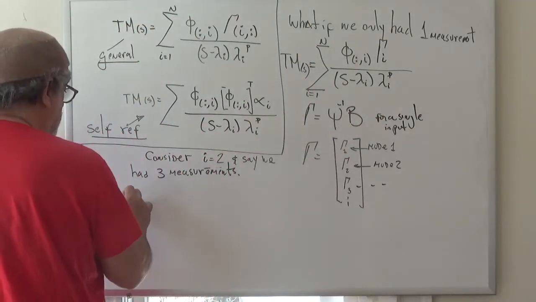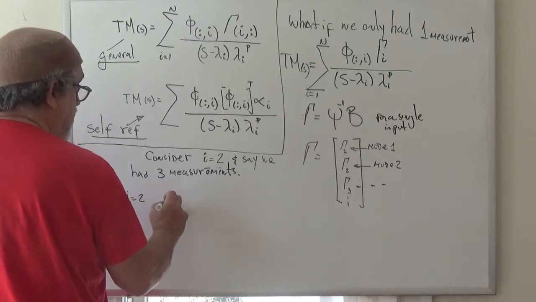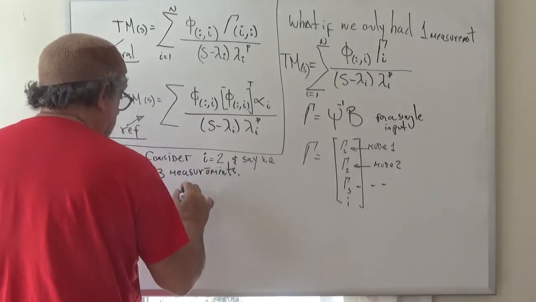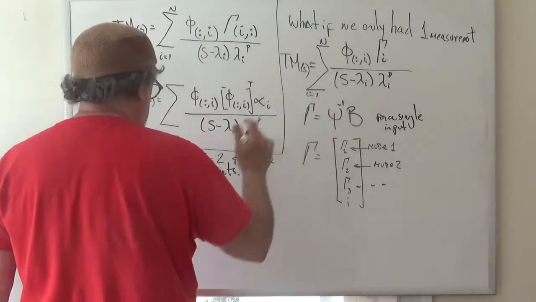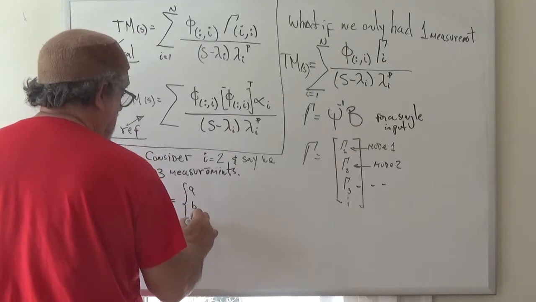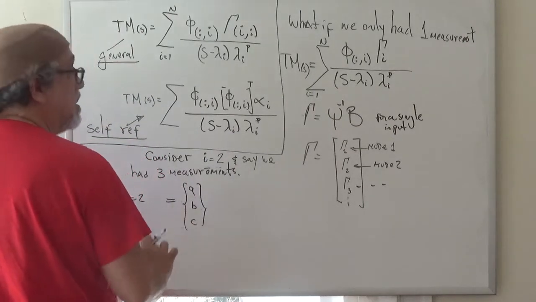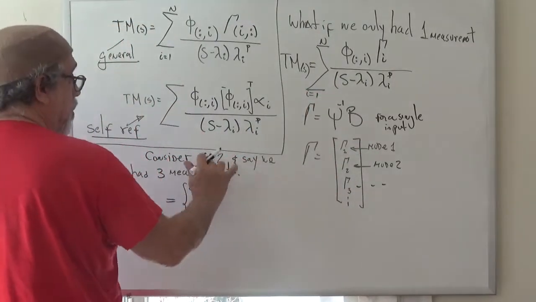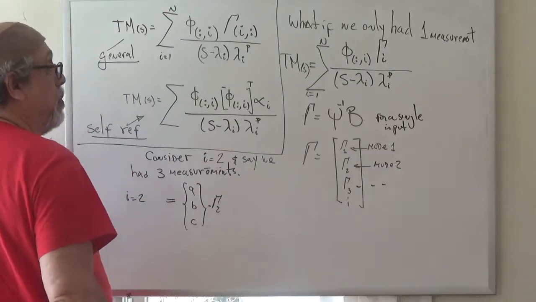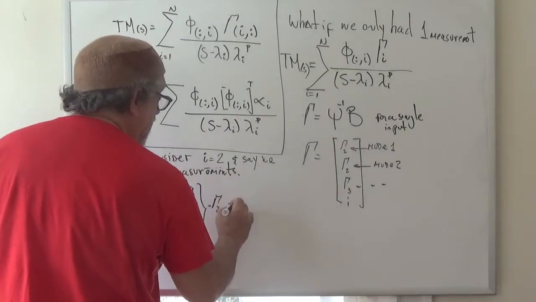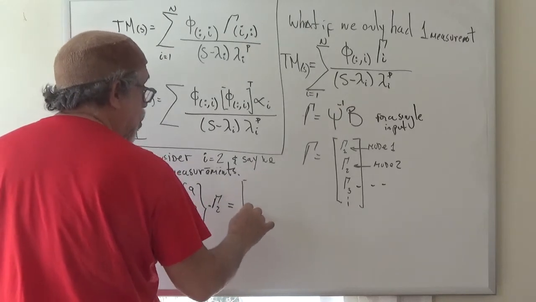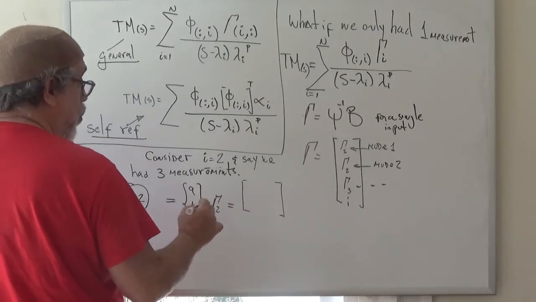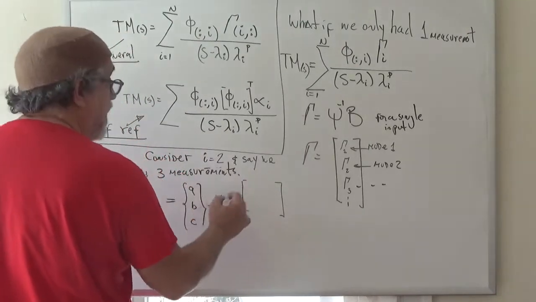So for I equal to 2, I would say that in my summation I would have phi. Now let's say that this phi 2 is just A, B, C, right? I measured 3 things. And then I would multiply it times tau 2, because I'm saying I equal to 2, right? And therefore we would find the contribution of the I equal to 2 term to the transfer matrix would be, what is it?